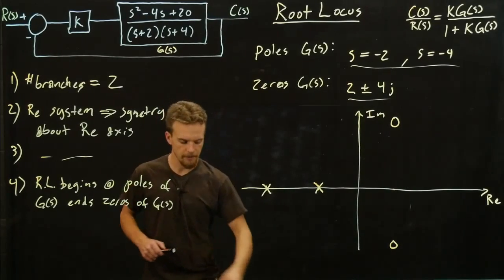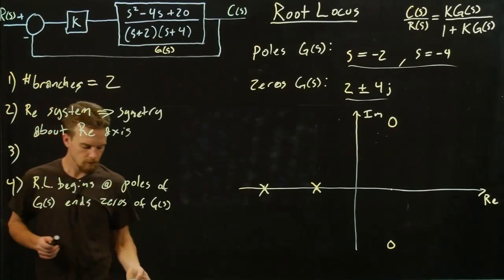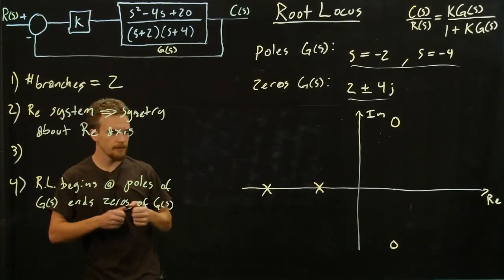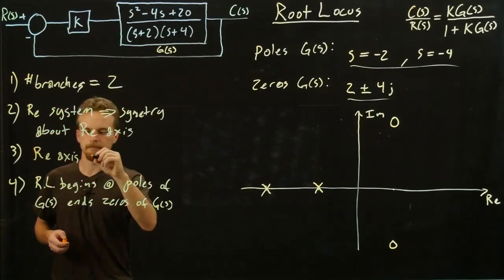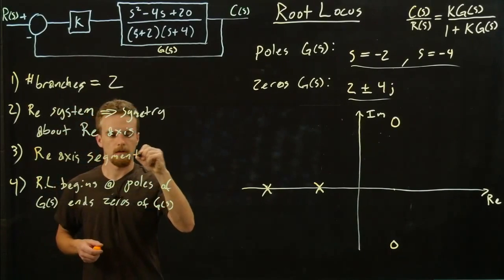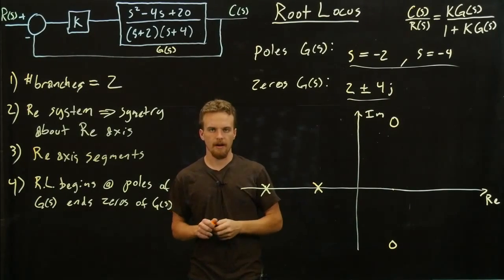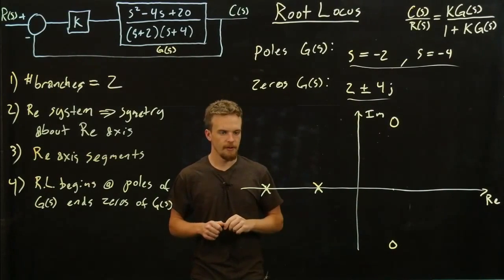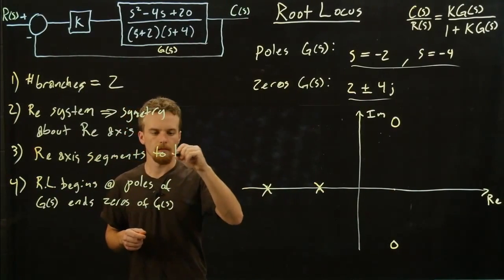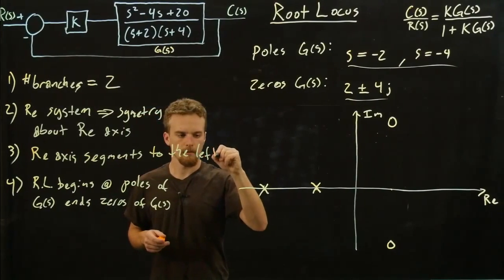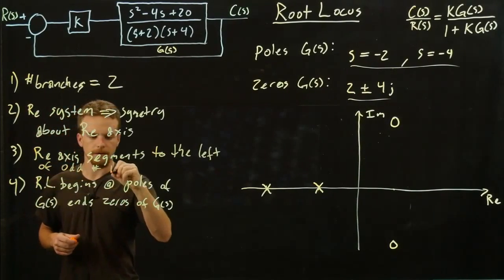Actually, let's talk about this rule I left blank. The root locus has segments on the real axis: real axis segments to the left of any odd number of poles or zeros that lie on the real axis.